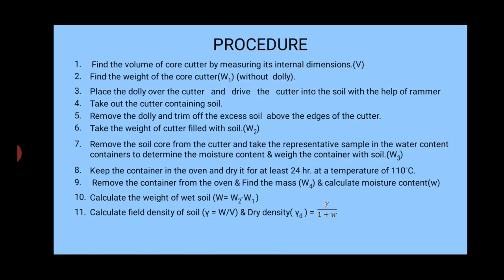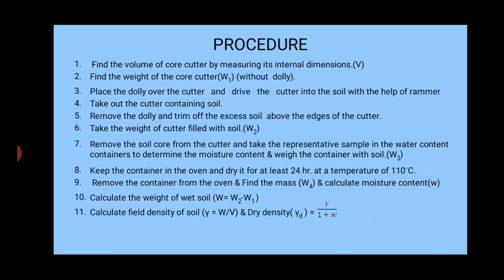Then place the dolly over the core cutter and drive the core cutter into the soil with the help of a rammer. Then take out the core cutter containing soil. Remove the dolly and trim off the excess soil above the edges of the core cutter. Then take the weight of the core cutter filled with the soil, that is W2.